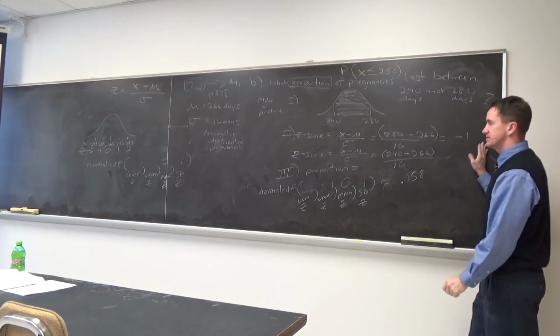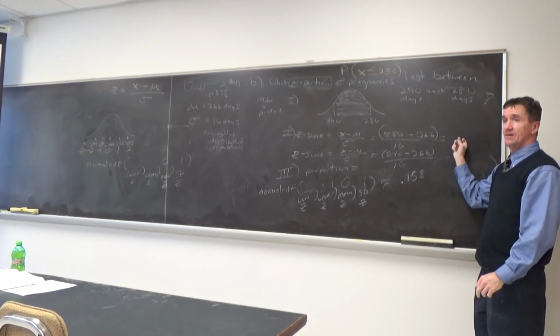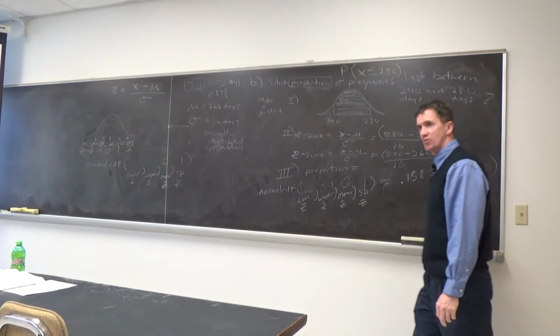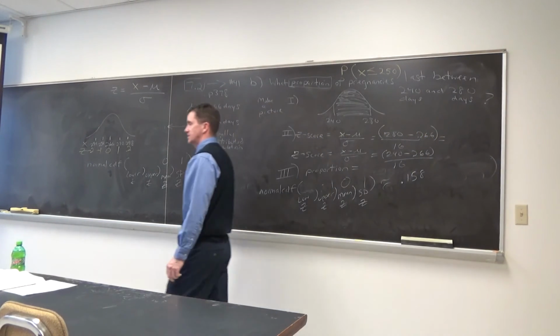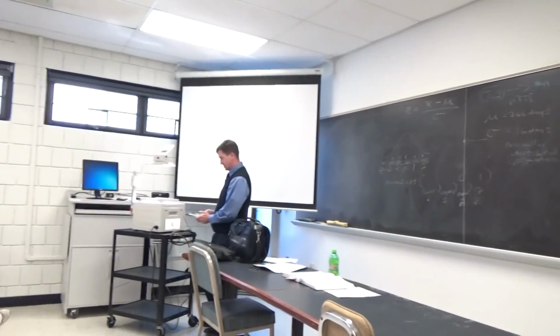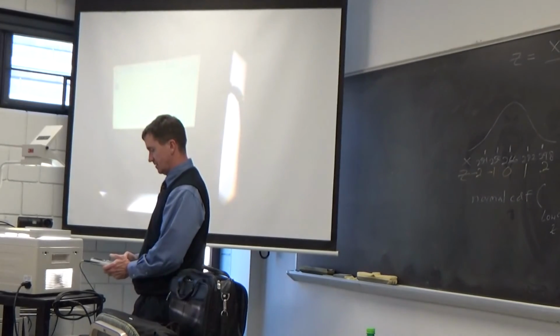And when I'm being honest, I'm going to write out every decimal, every value that comes after that decimal place here and here. Okay? So what comes out on that calculator? 280 minus 266 divided by 16.